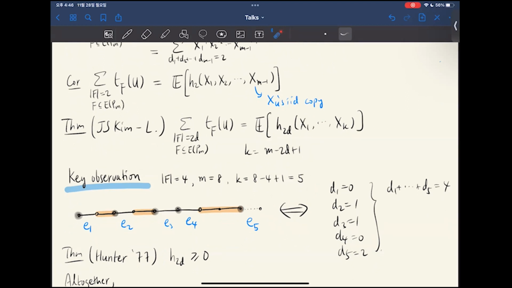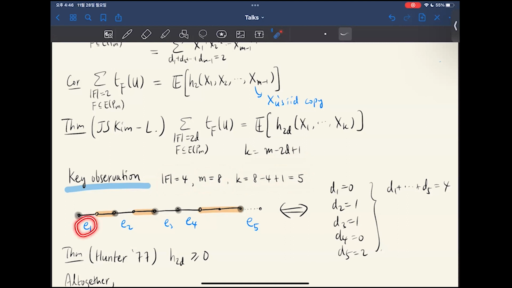So here I have an example. If I were to count 4-edge subgraphs in an 8-edge path, then my k is 5 due to this calculus here. Okay, and then what I'm going to do is to look at some imaginary edges, not really imaginary, but look at the complement of f.